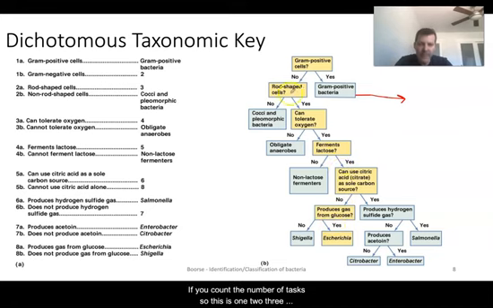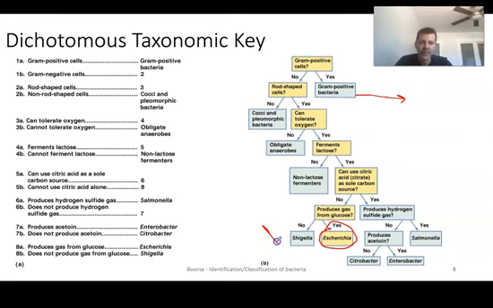If you count the number of tests, this is 1, 2, 3, 4, 5, 6. So these are 6 tests that can be done in sequence, and you've gone from I don't know what the bacterium is to this answer: the E of E. coli. So you've gotten down to the genus level.